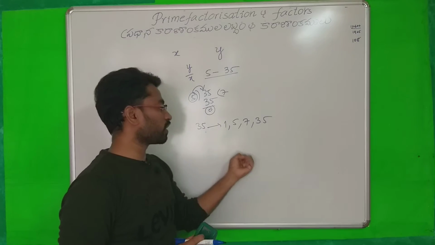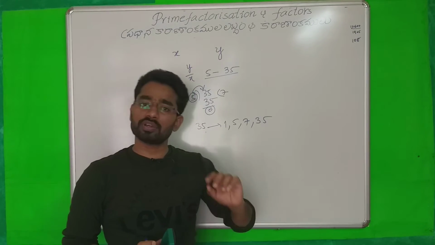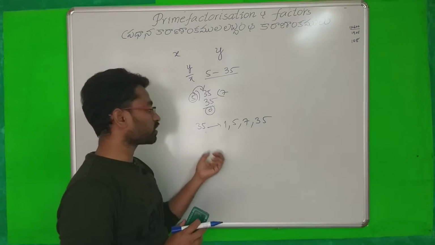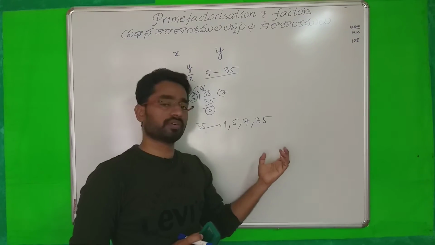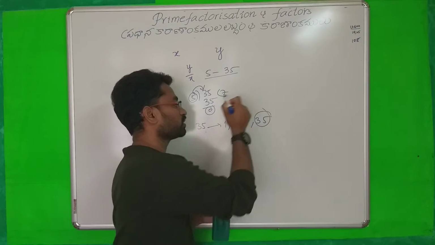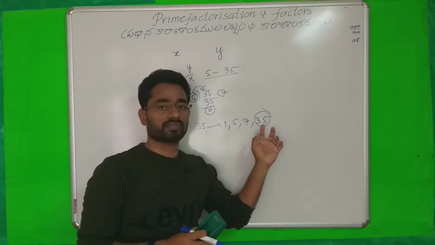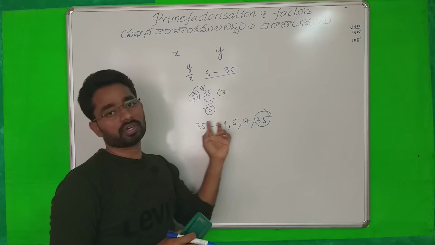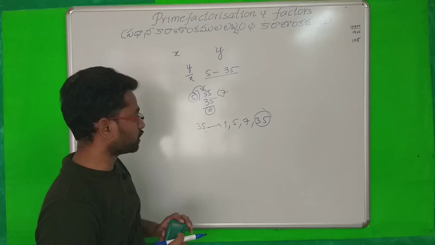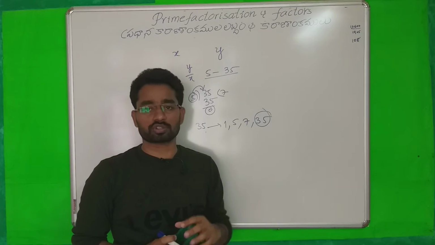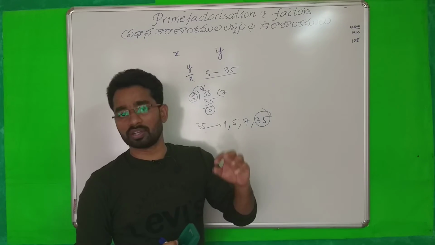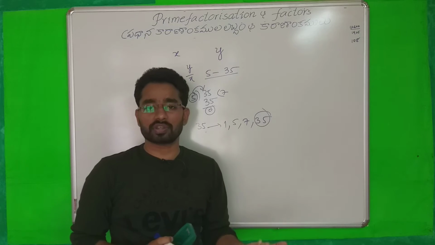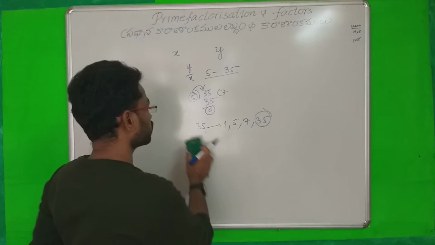So the smallest factor of any number is always 1, and the greatest factor of a number is always itself. So what is the last one, the greatest factor? 35, it is itself. You can get these in bits also. The smallest factor of a number is 1, and the greatest factor of a number is itself.